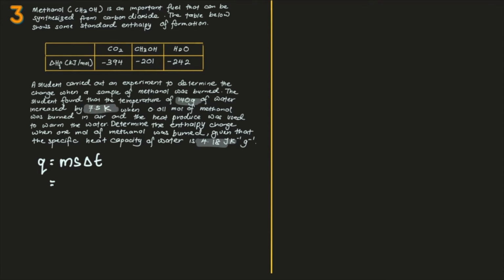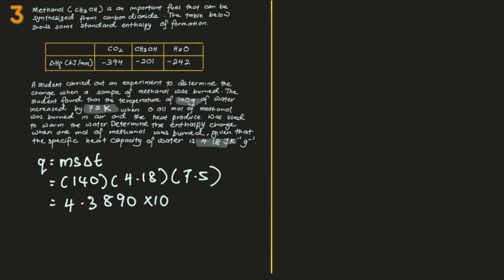If you look at the units for all of these, they are in the correct unit, so we can just plug in the values. The mass will be 140 grams, specific heat is 4.18, and the change of temperature is 7.5. From there you can get the value of Q equal to 4.3890 times 10 to the power of 3 joule. This is the value of Q.